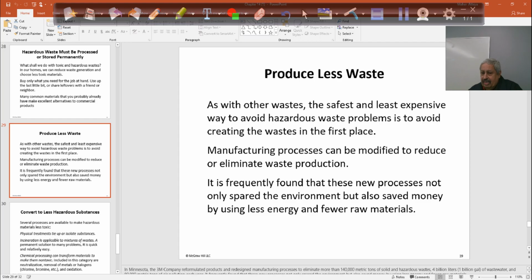Manufacturing processes can be modified to reduce or eliminate waste production. It is frequently found that these new processes are not only sparing the environment, but also saving money by using less energy and fewer raw materials.